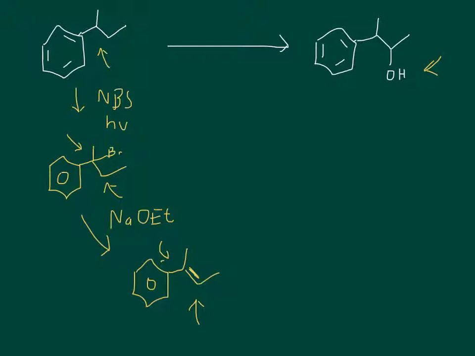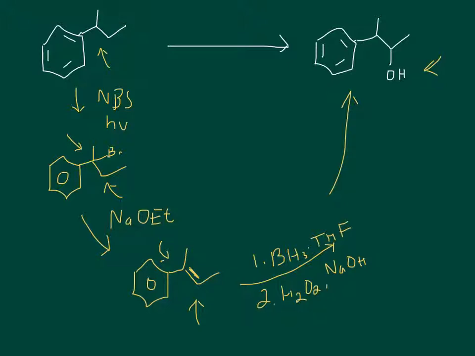So the way we can do this is using hydroboration oxidation. So we'll have our boron with this complex and our hydrogen peroxide with sodium hydroxide. And that will get us this product.